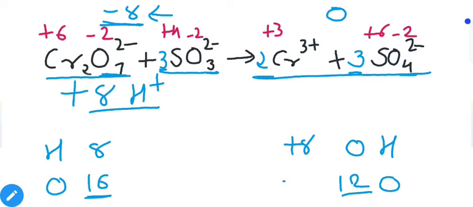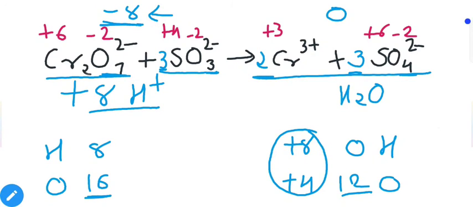That means we have to add 4 oxygens. So simply we need 8 hydrogens and 4 oxygens, and we can only put H2O. So our answer will be 4H2O on the product side. Now our reaction is completely balanced.